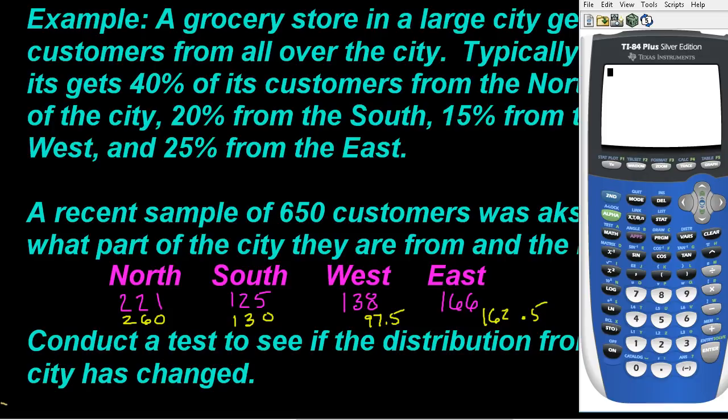So for the north, 221 minus 260 squared divided by the expected 260. And then I'm just going to repeat this process. The south, I observed 125, I expected 130, squared divided by the expected.